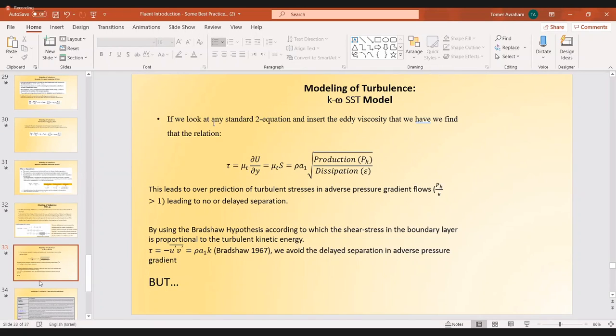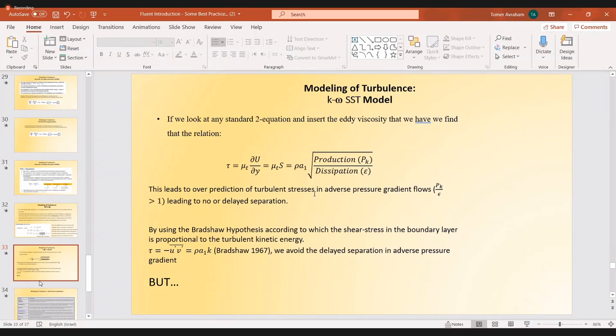The shear stress model is based on, if we look at any two-equation model, this relation between the shear and the ratio of production of kinetic energy to its dissipation. Usually it's 1. But when there's an adverse pressure gradient, then it's bigger than 1.